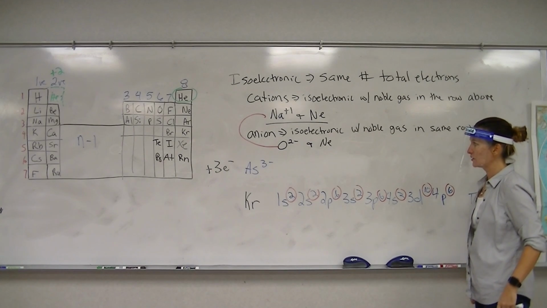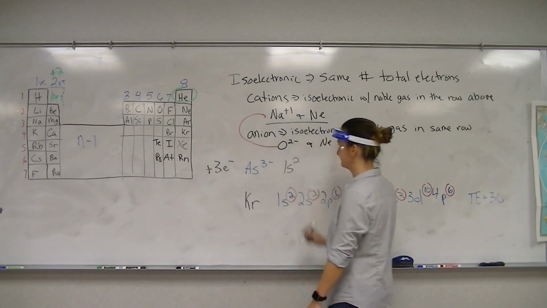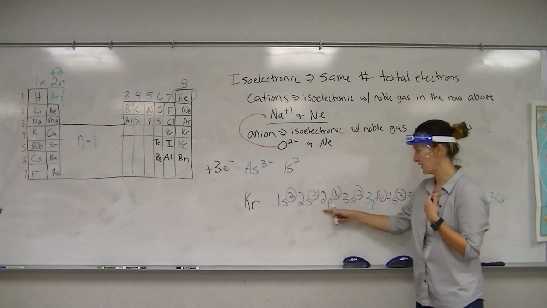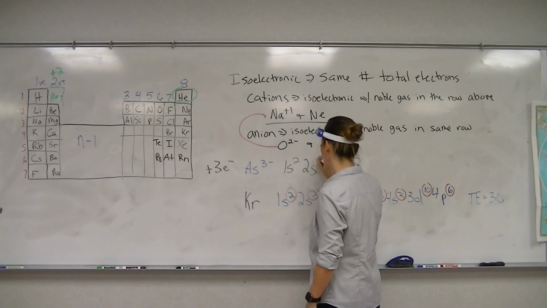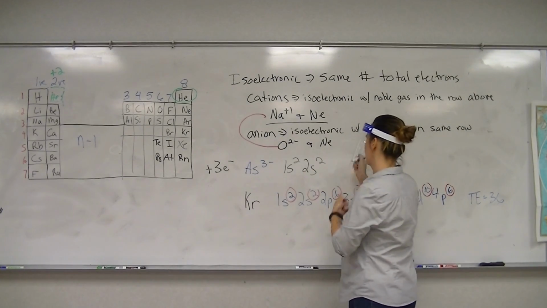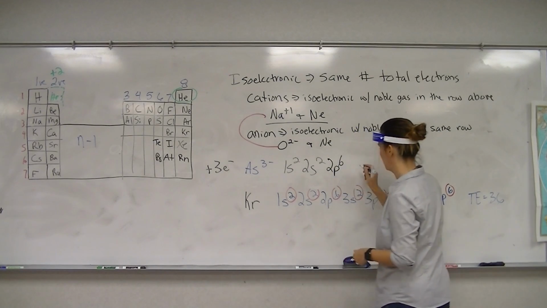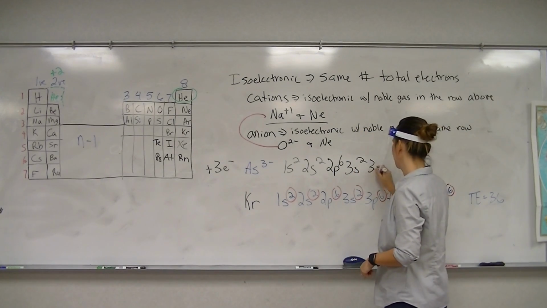So let's start. 1s2. It's going to look very similar for our start always, right? 1s2, 2s2, 2p6, 3s2, 3p6.